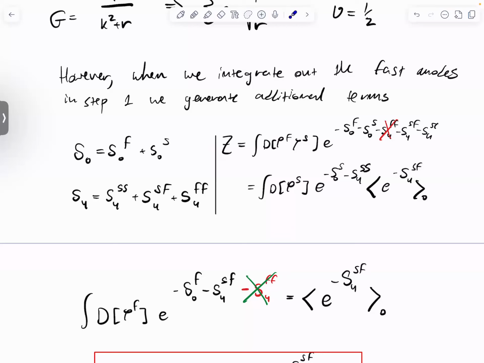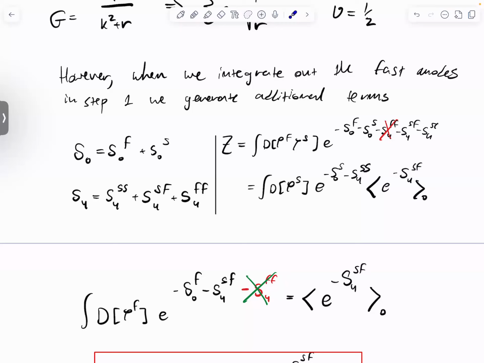Look, you need to think about it this way. If I could do the integral over the slow modes as well, then I might as well not do RG. It means that I know how to do this integral. But the whole point is that I don't know how to do this integral because it's an interacting theory and it's complicated. So instead, what I'm doing is integrating a small shell of fast modes and seeing how it renormalizes the slow theory.